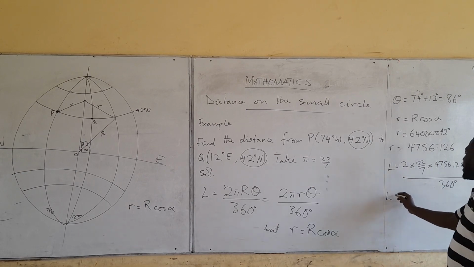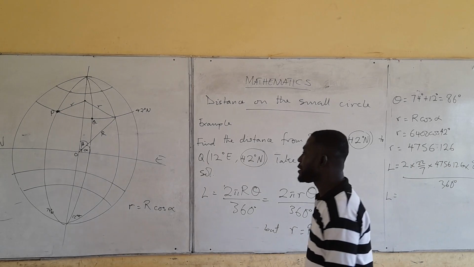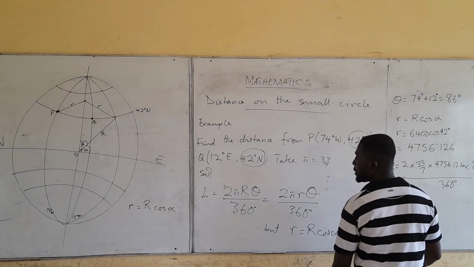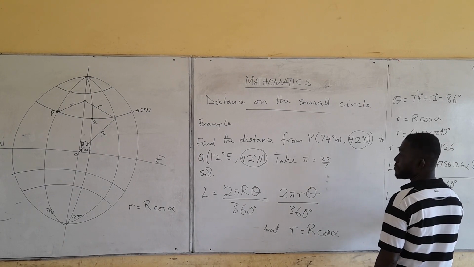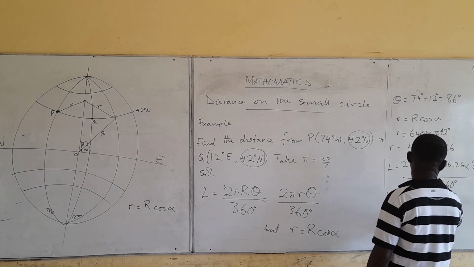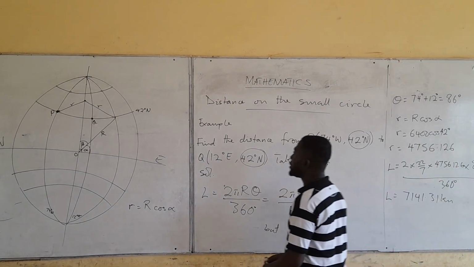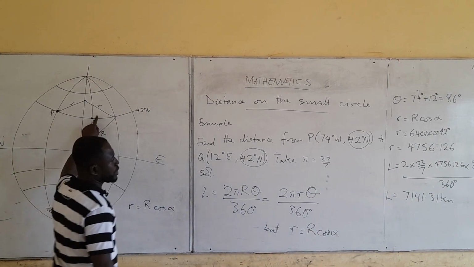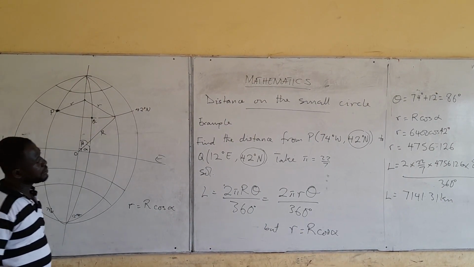And on the calculator, that is going to give us 7,141.31 kilometers. So that's the distance from point P to Q. This is on the small circle. So that is that.